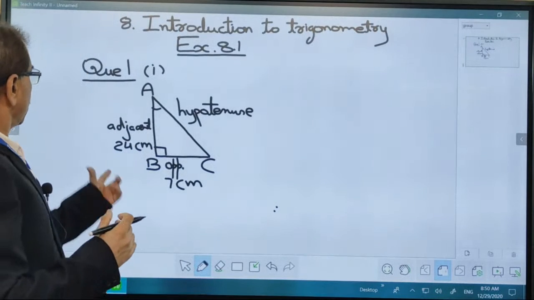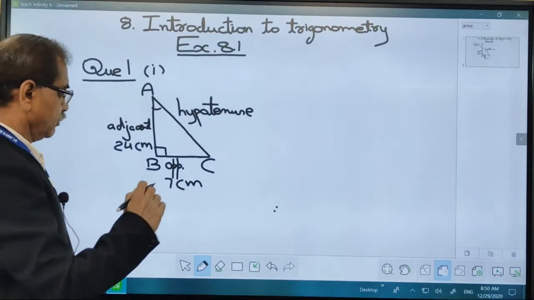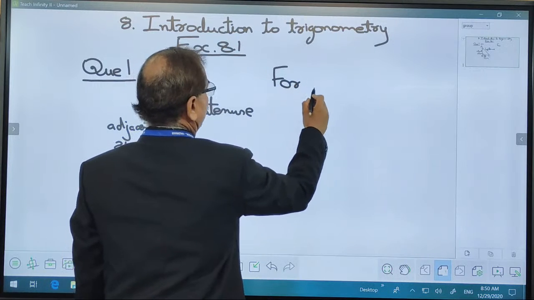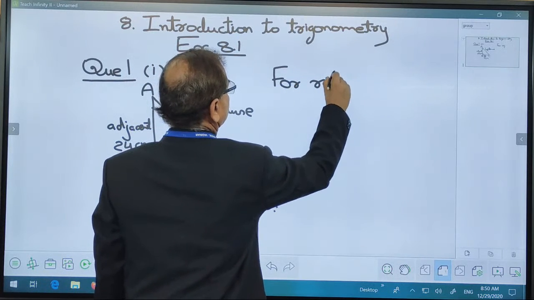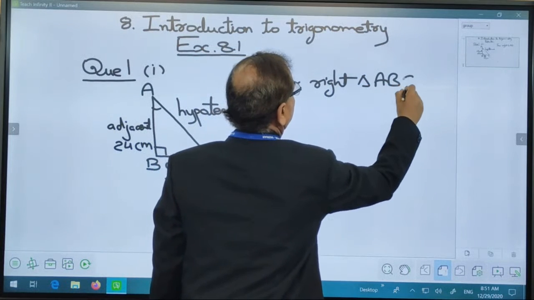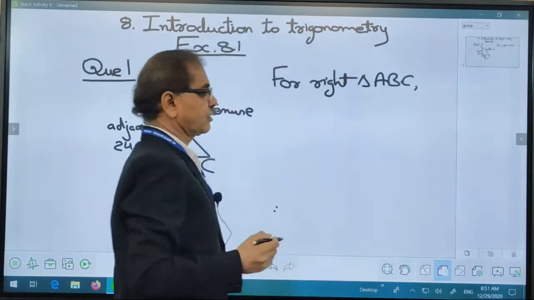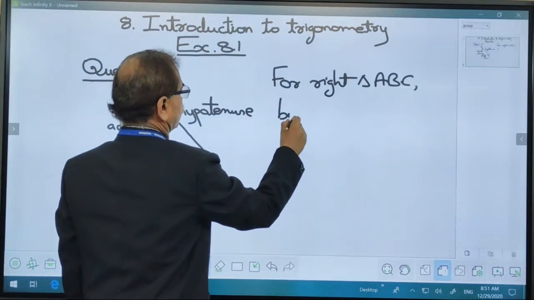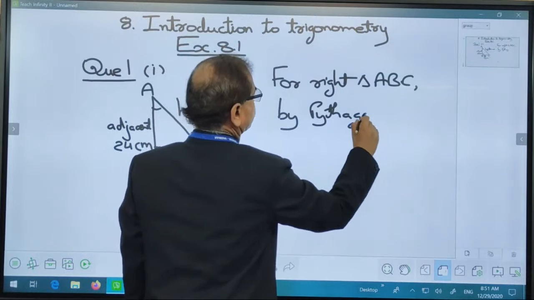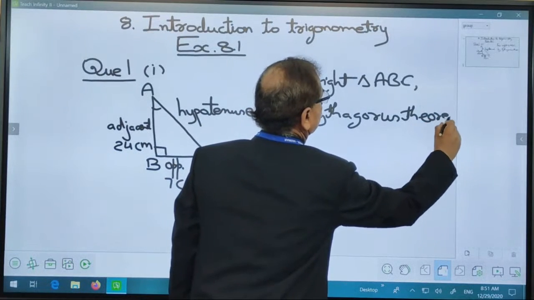So, having drawn the labeled diagram, let us begin our calculations. We can start like this. For right triangle ABC, by Pythagoras theorem.